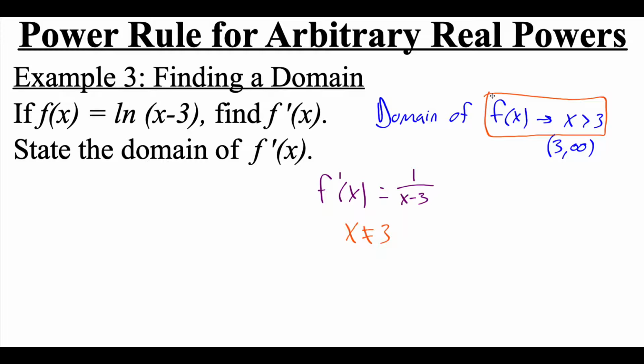And because of that, the derivative isn't defined for x values that are smaller than 3 either. So we don't want to use a domain of just x values that are not 3, but the domain for this derivative function also has to be x values that are greater than 3, or again, we could write that in interval notation going from 3 up to infinity.